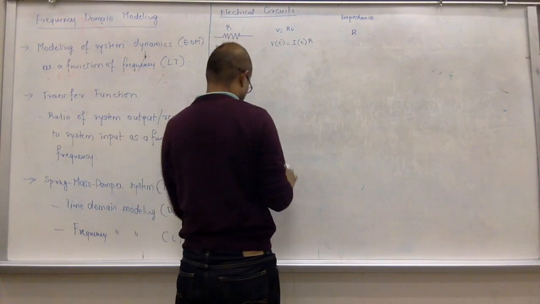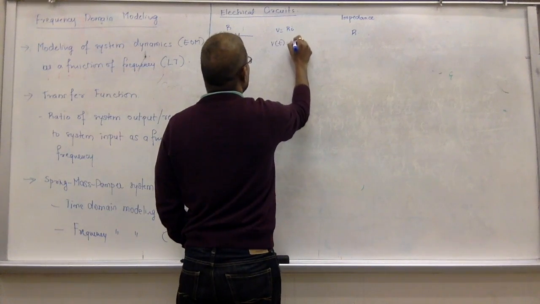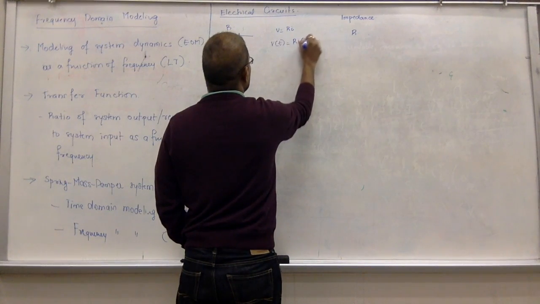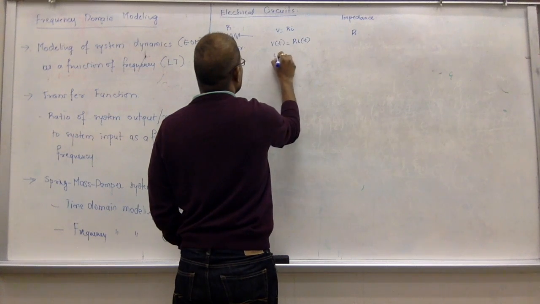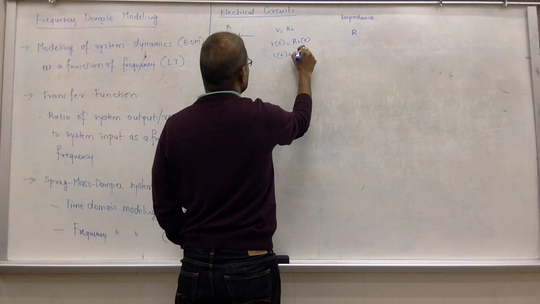You can say this v of t is R times i of t, or i of t is equal to v of t over R.